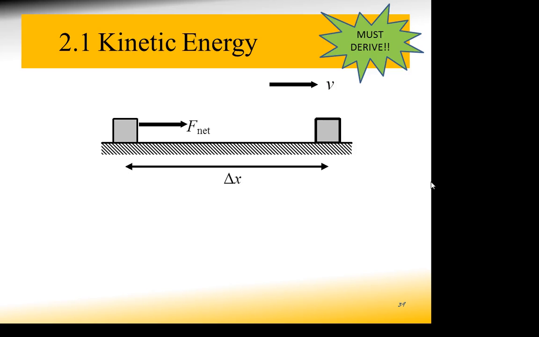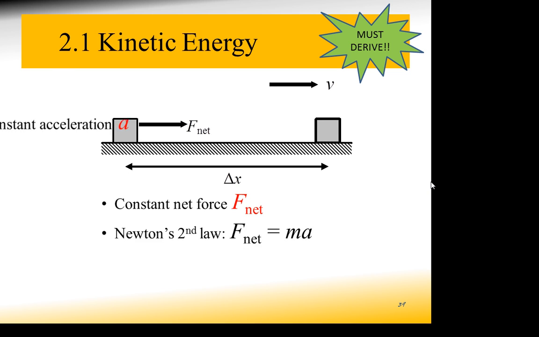So here you go. If I apply force on a block over a certain distance, we know that I'm doing work on it. The question is, where does the work go to? If the floor has no friction, my force will allow me to accelerate the block with a constant acceleration a.